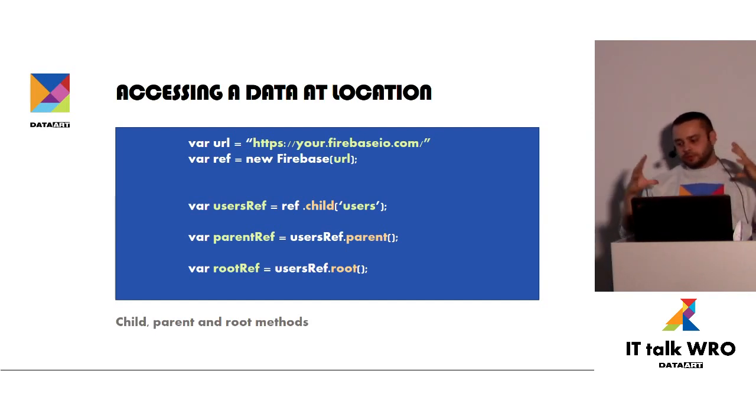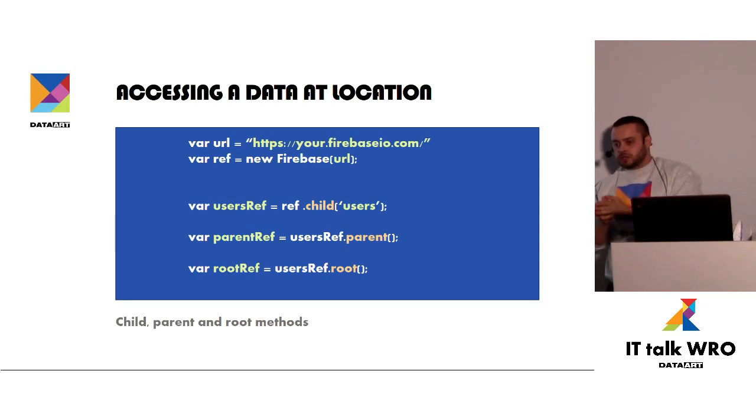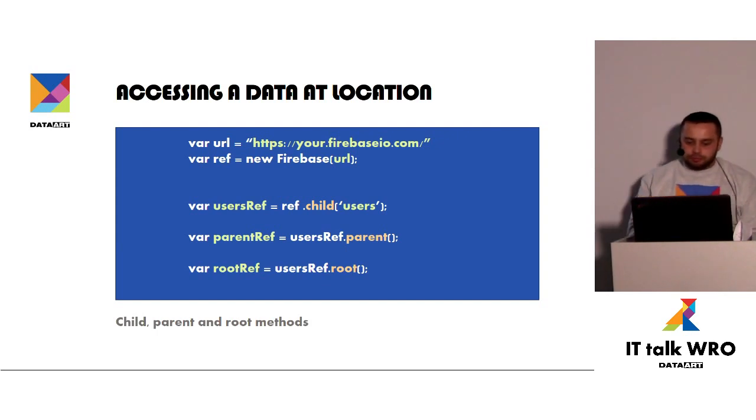If we have a big tree and the root directory is called data, and you would like to access some data below it, you would probably want to use one of these three methods: child, parent, and root.